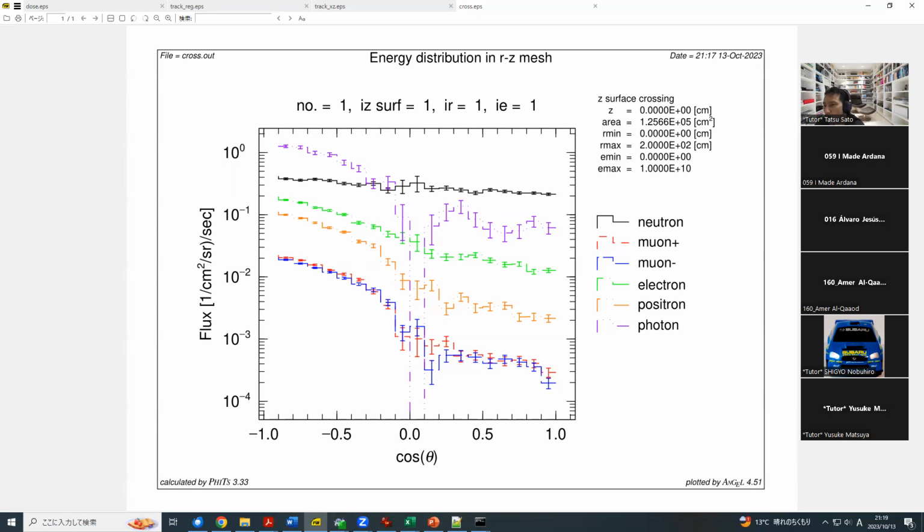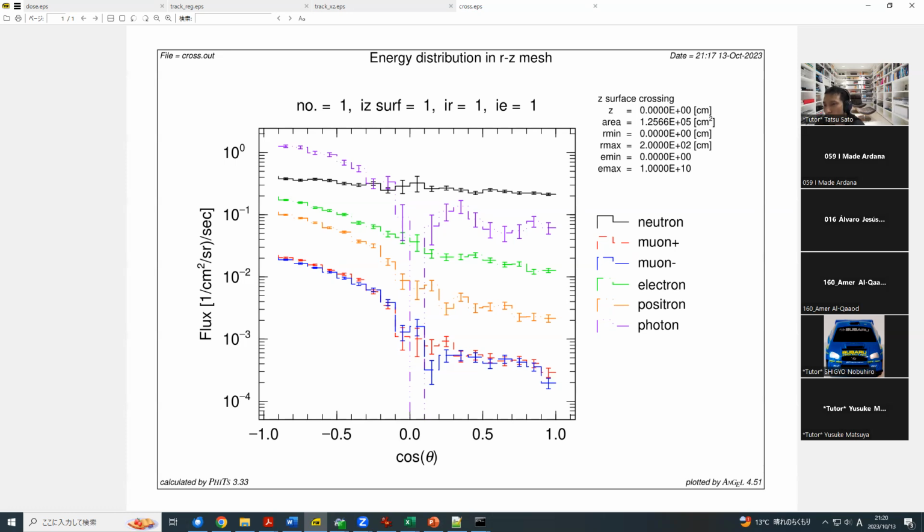So I already did this simulation and made a fitting formula to reproduce the spectrum. If you want to reproduce the cosmic ray environment at a certain point in the atmosphere, you can start with that spectrum. So you don't have to start from the top of the atmosphere.